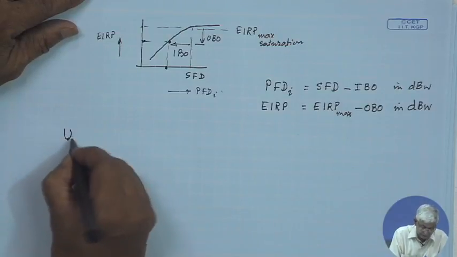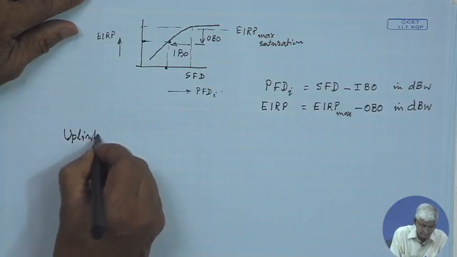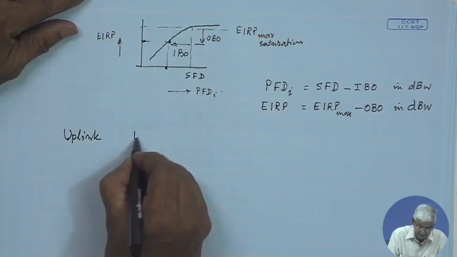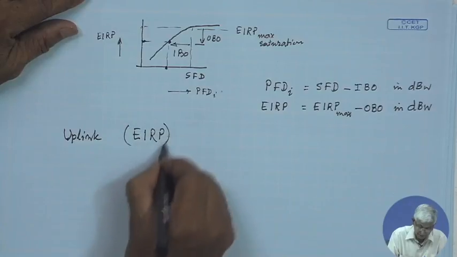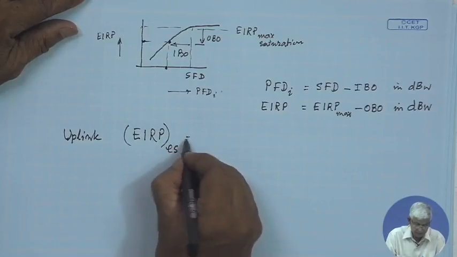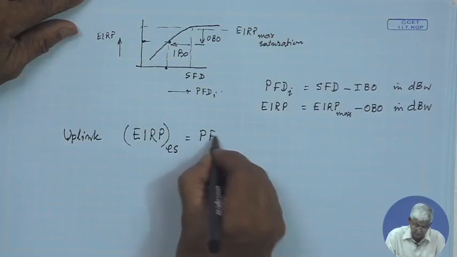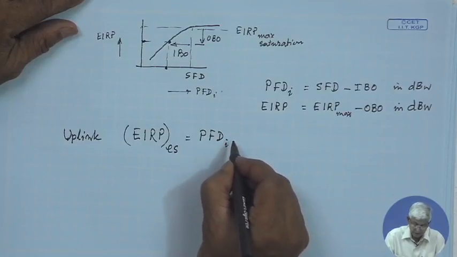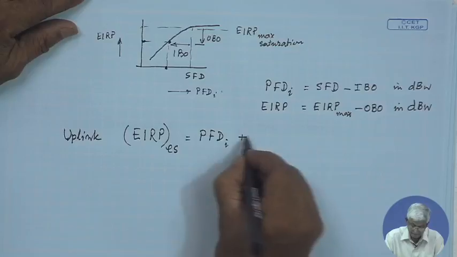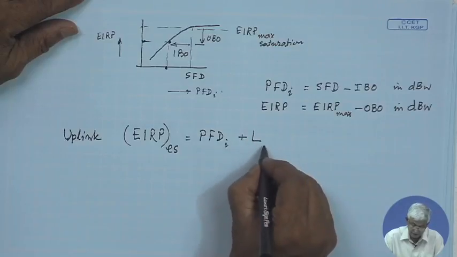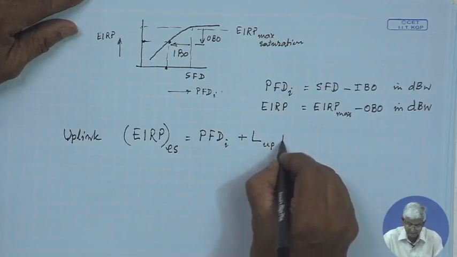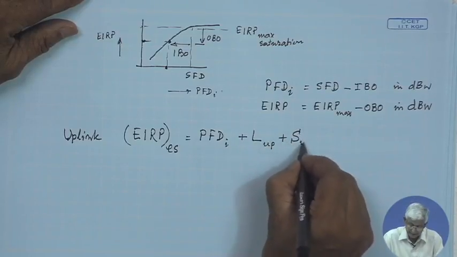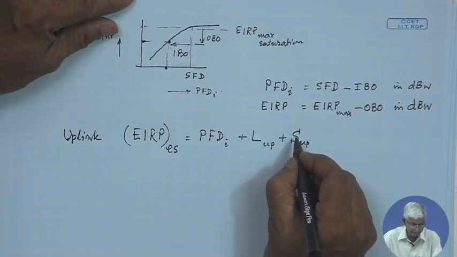So, if we write for the uplink, EIRP from the earth station is the PFD input to the satellite plus the loss in the uplink, that is mostly path loss and other losses added, plus the spreading in the uplink, because it is dependent on lambda, the uplink lambda.